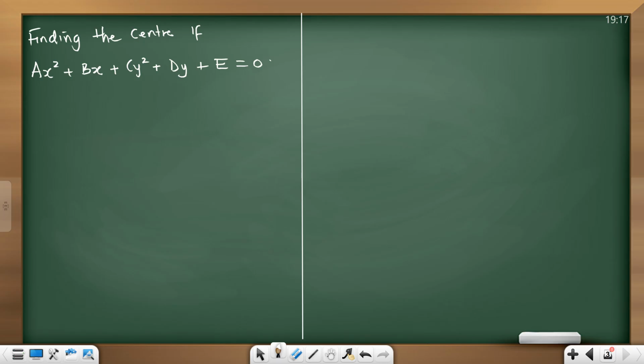That's the full equation of a circle. Here we complete the square. I'm going to complete the square for you, and then I'll show you something else.